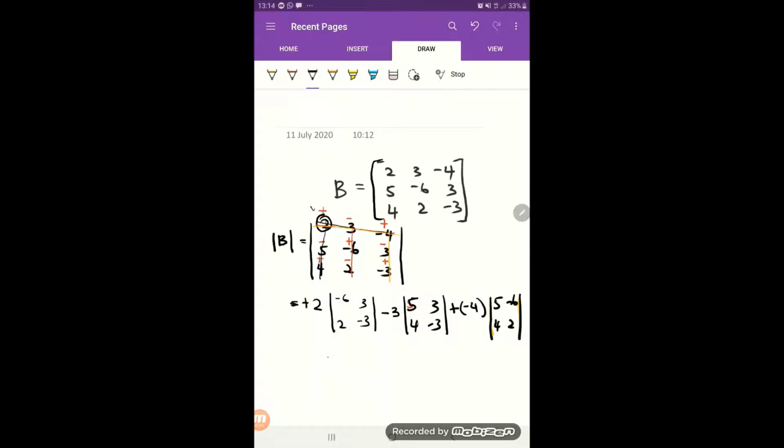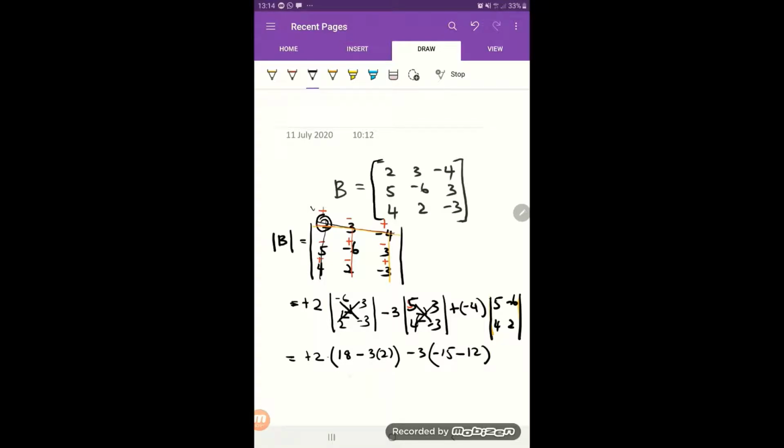To calculate, we find the determinant of each 2 times 2 matrix. That means positive 2 times: negative 6 multiplied by negative 3 is 18, minus the opposite calculation, 3 times 2. Minus 3 times: 5 multiplied by negative 3 is negative 15, minus the opposite multiplication, 3 times 4 is 12.